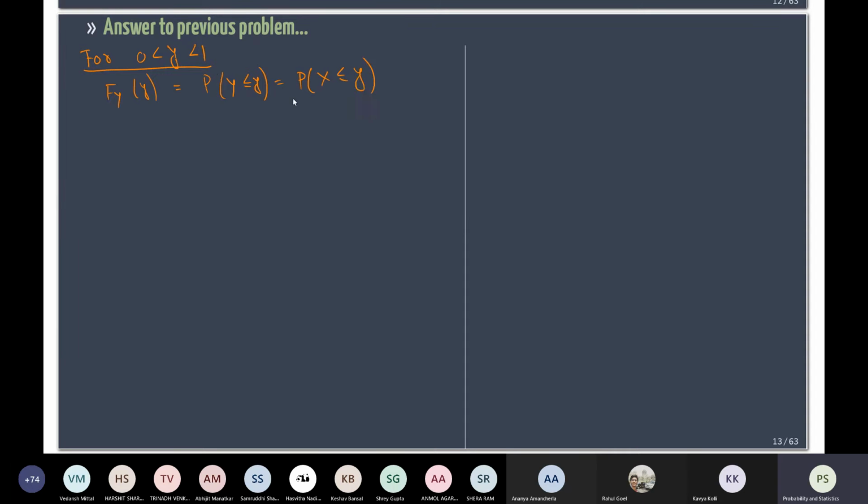So I fall back on y now. Now this is nothing but the CDF of X computed at y.